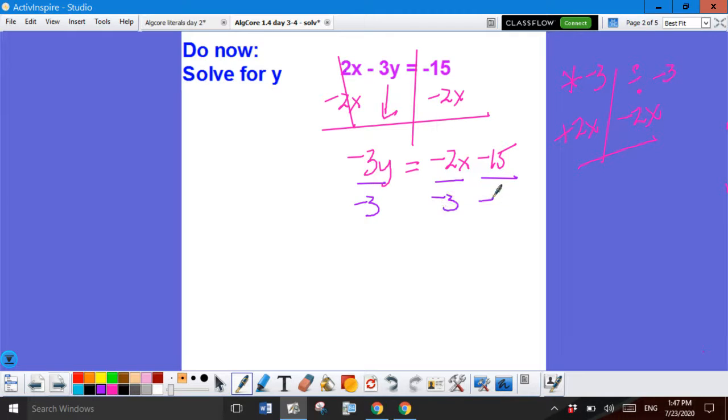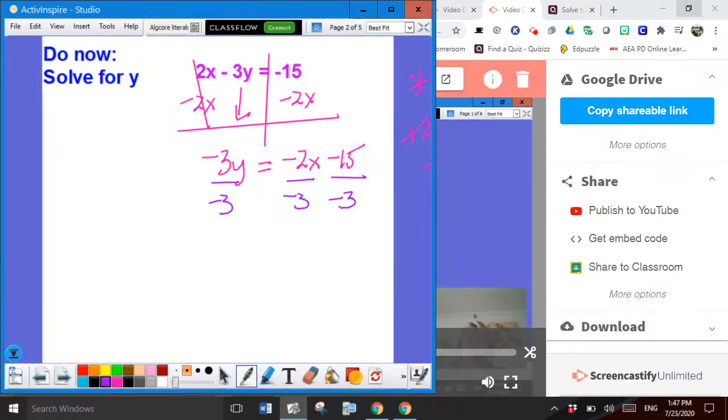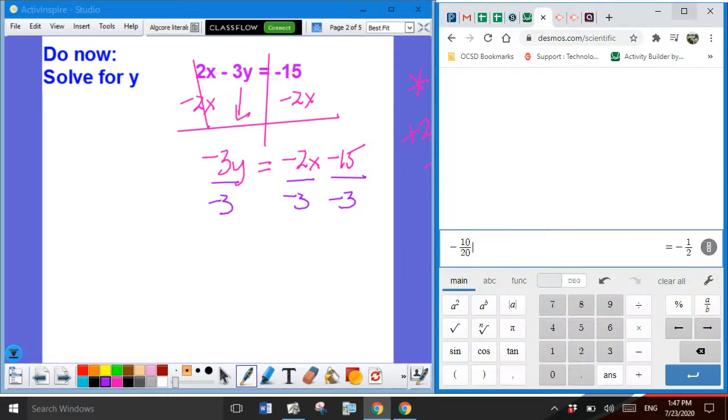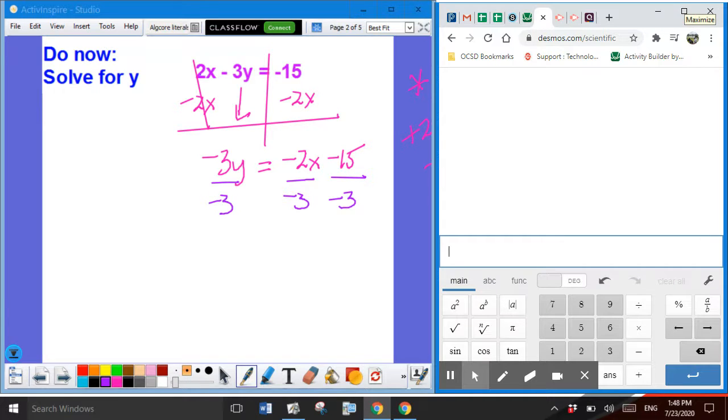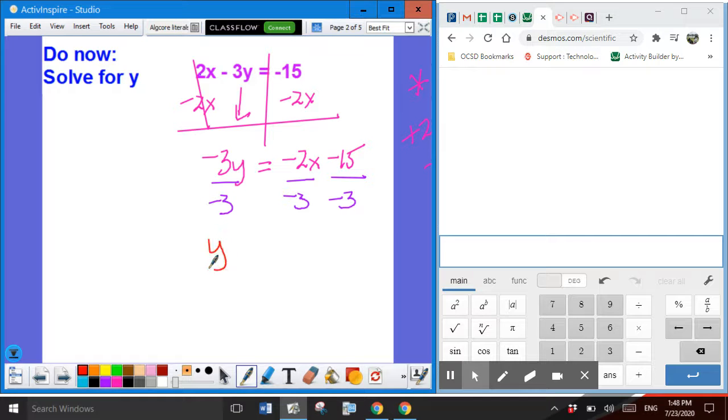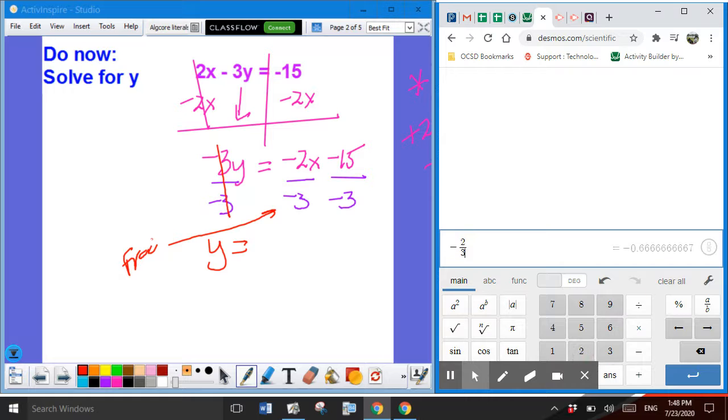All right, so now we're going to divide 3 times. -3, -3, -3. And today you definitely are going to have to make use of your Desmos calculator, so make sure that you've got that open because we need to simplify fractions. So that's going to cross out. -2/3. Remember, this needs to be a fraction. So -2 divided by 3, hit your fraction key.